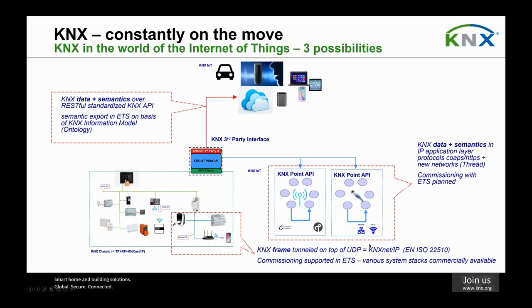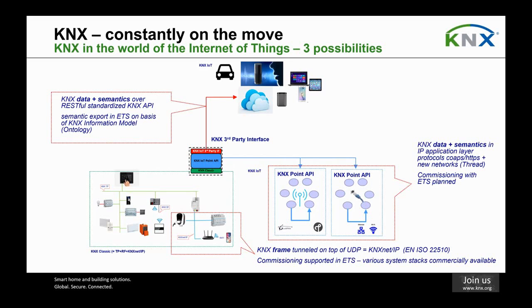Here is this Point API extension. This Point API extension is, as I said, a sort of an IP field bus communication that indeed, again, has data as well as semantics, but the data is not exchanged via the normal KNX frame as you know it. The protocols that are used for that come completely from the IT world.